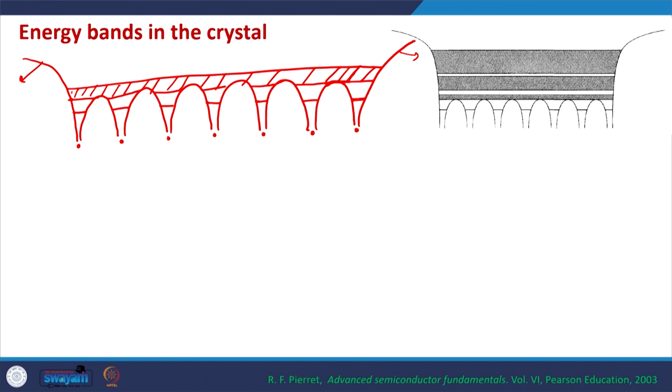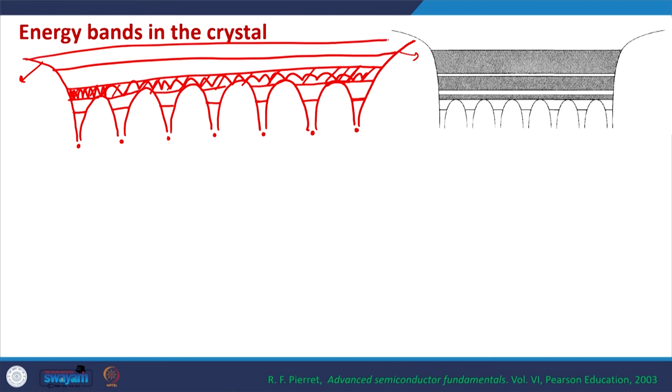So, these are the allowed energy values, or this is a valid electronic band in the solid, and this is another range of allowed energy values, and in between is the disallowed range, or the band gap in the solid, as pictured here.